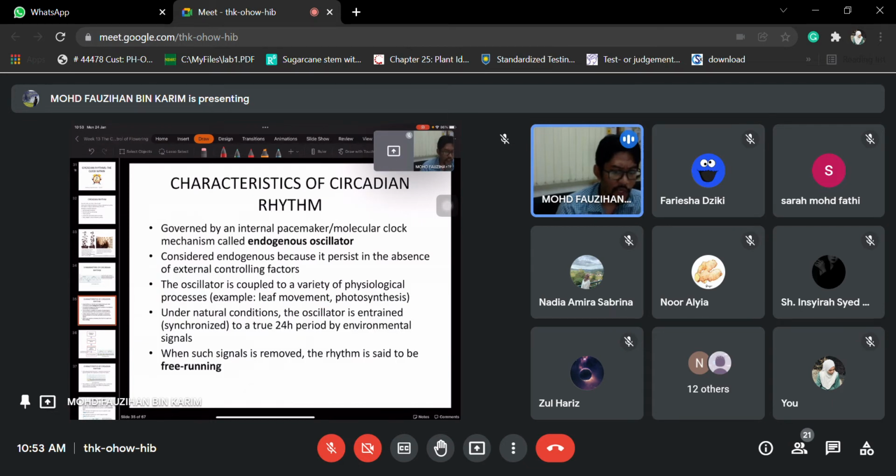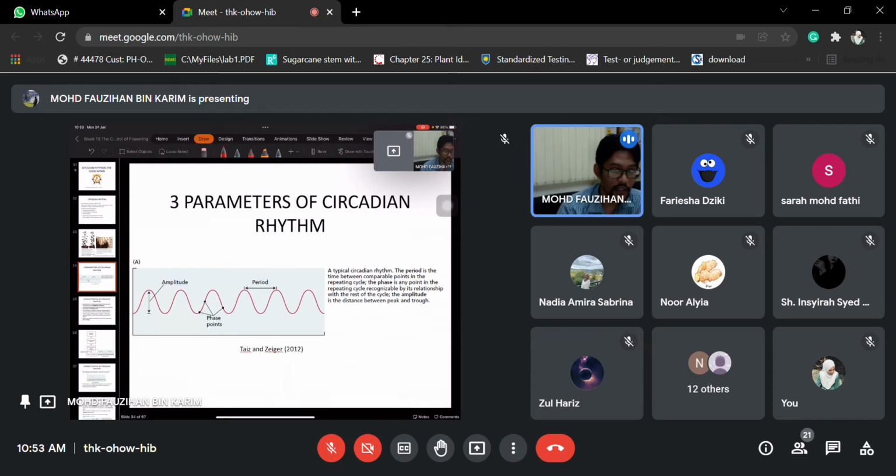Ni okay, governed by internal pacemaker ataupun molecular clock mechanism called endogenous oscillators. Okay, bila dia ada oscillator ni, the endogenous oscillators tu is attributed to these patterns of the circadian rhythms.